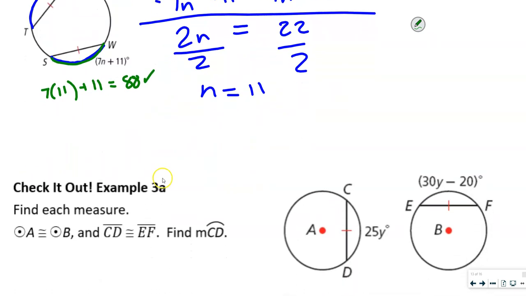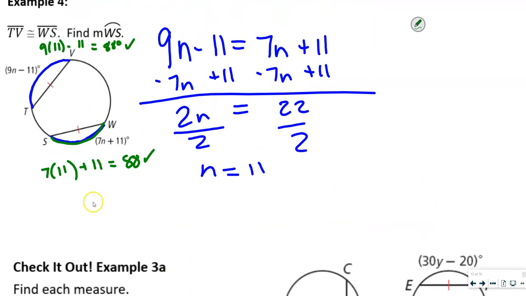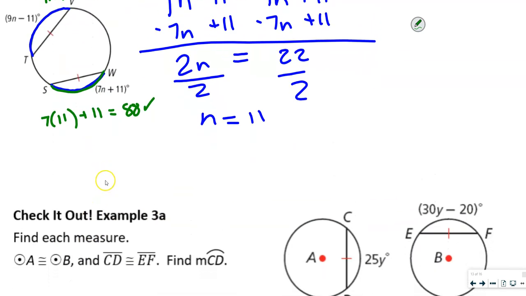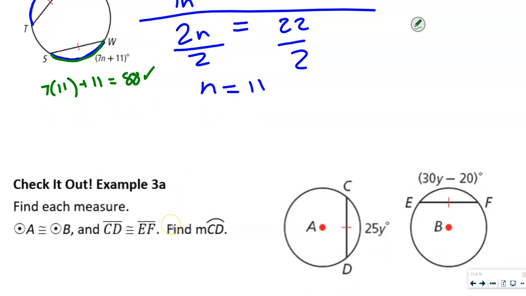Okay. So this next one says that we have two congruent circles, and CD is congruent to EF. So because the circles are congruent, we can say again that arc CD is going to be congruent to arc EF.